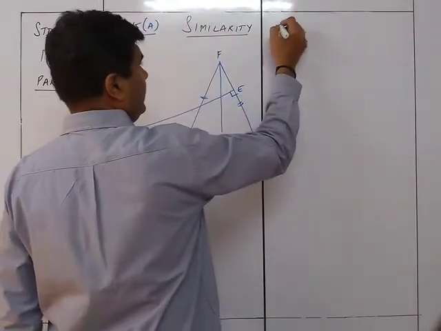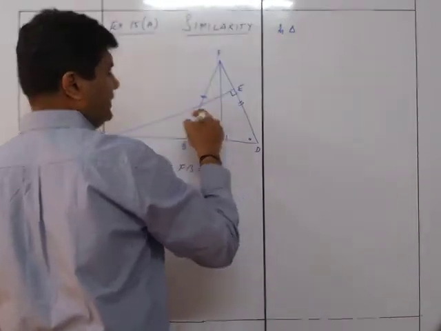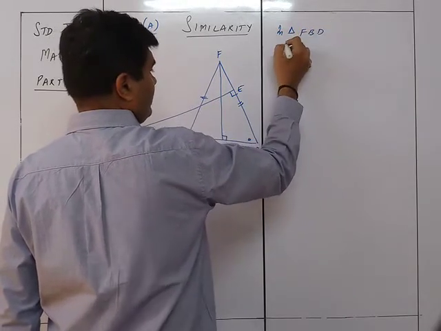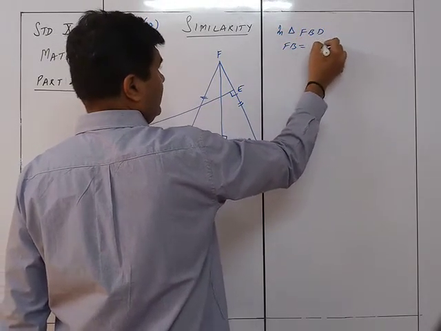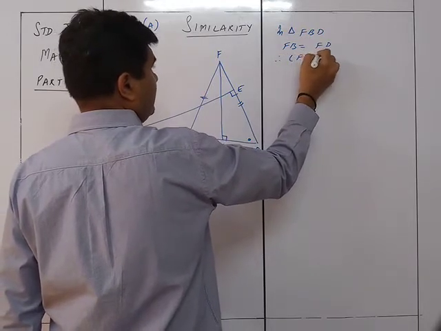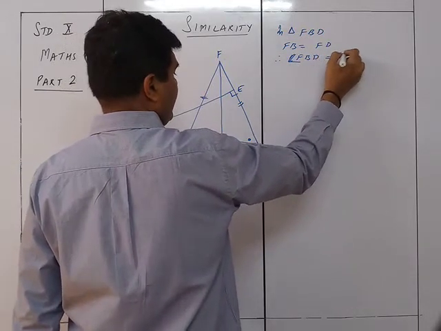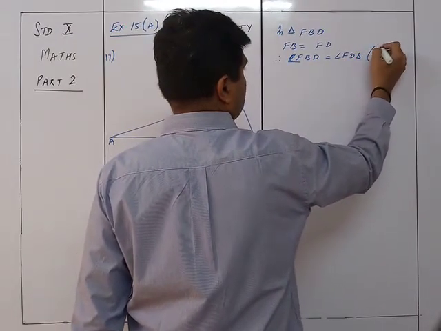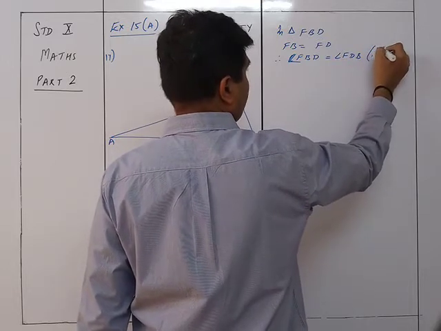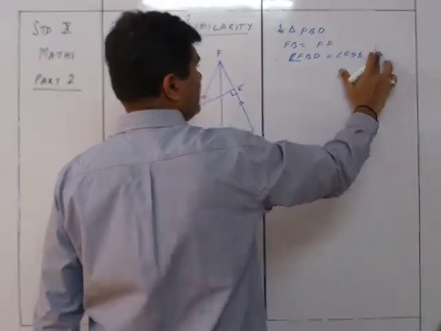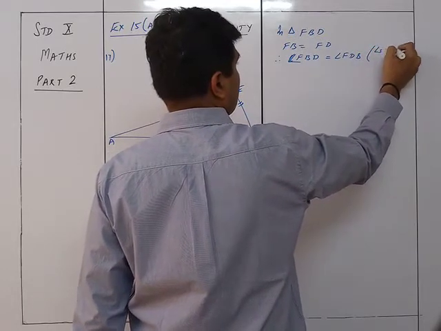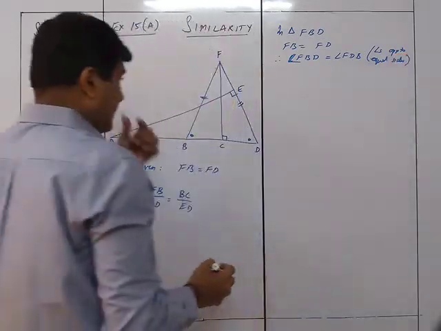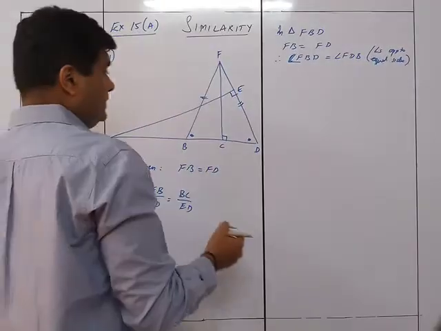First of all, we just need to write that in triangle FBD, FB is equal to FD. Therefore, angle FBD is equal to angle FDB, angles opposite to equal sides, or in simple words, isosceles triangle.